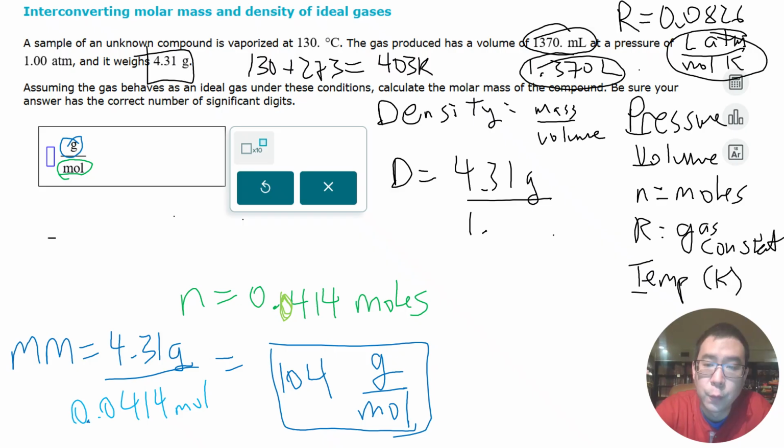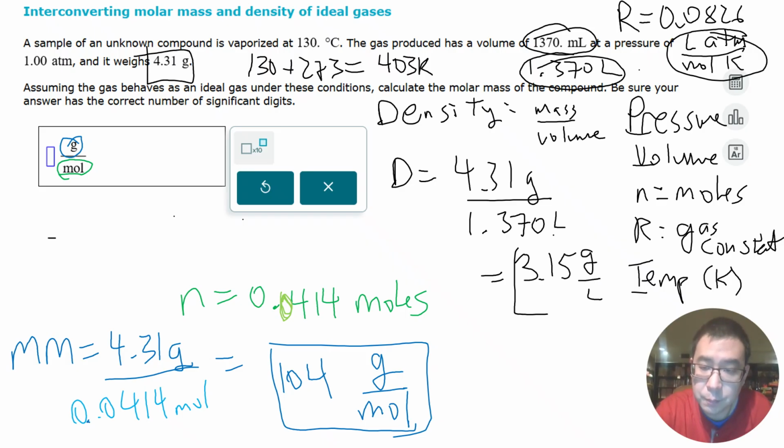So I'm going to do 4.31 grams divided by 1.370 liters. And when I do that, I get the density equals 3.15 grams per liter.